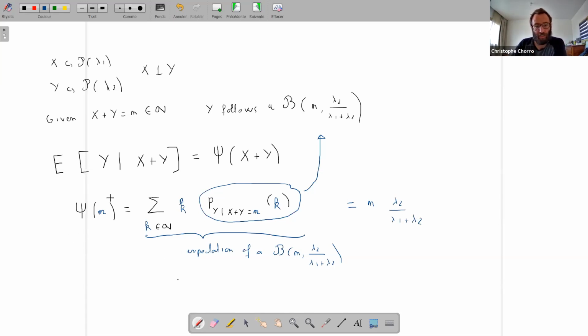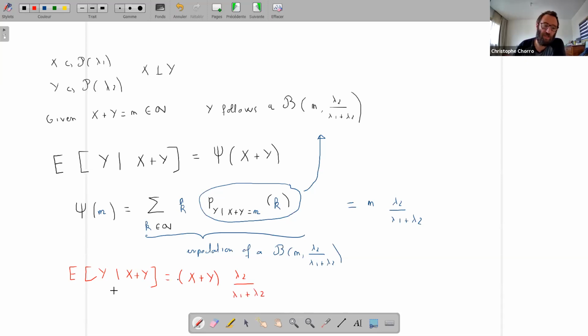So I have computed explicitly this one in order to have the conditional expectation of Y given X plus Y. I just have to plug into this mapping, replace n by capital X plus capital Y, and so I obtain capital X plus capital Y multiplied by lambda 2 over lambda 1 plus lambda 2.